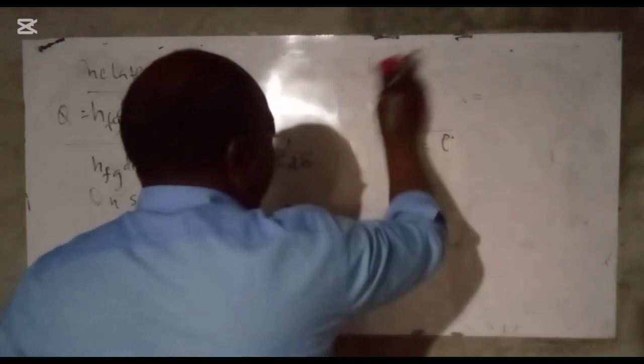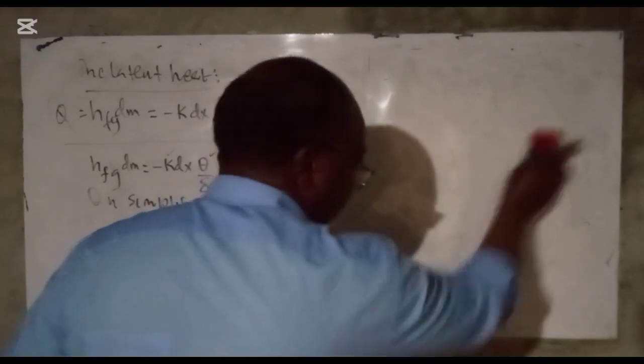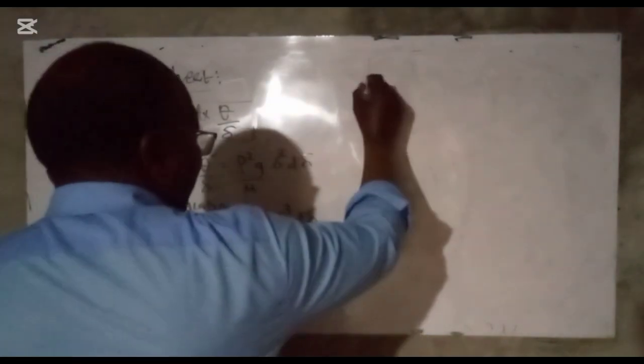And so we now go back to our quantities. We are making progress. Sigma, that is the thickness, remember, sigma to the power 4.